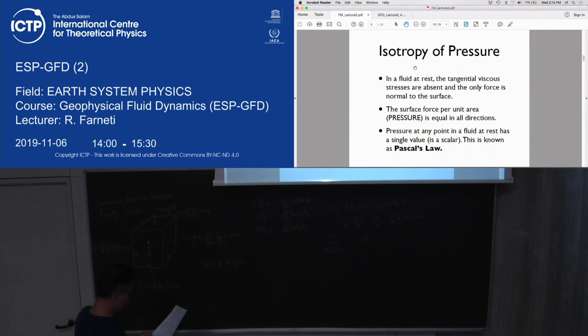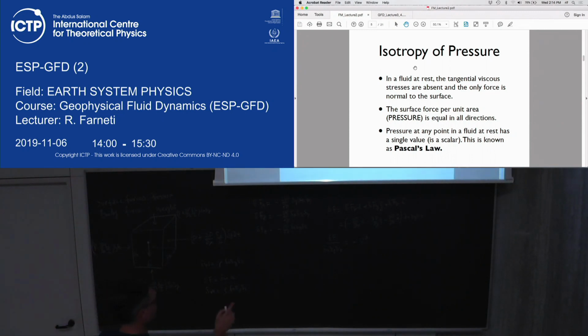So Newton's second law, you have that F is mass times the acceleration. The mass of the infinitesimal volume of fluid is rho delta x, delta y, delta z. That's the element mass.